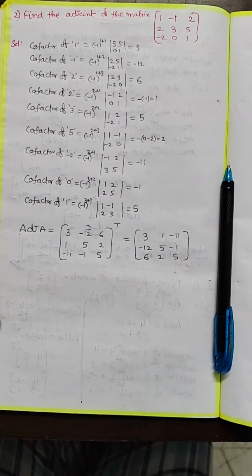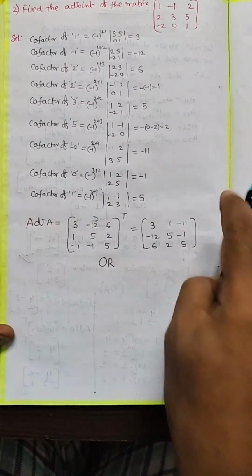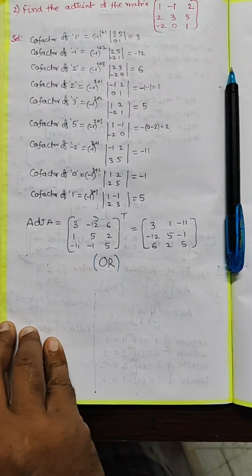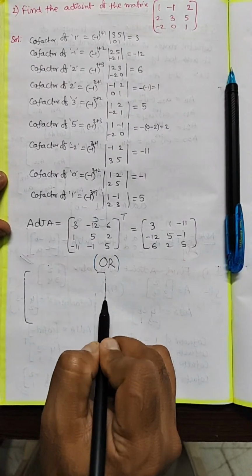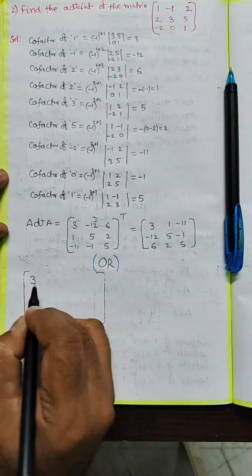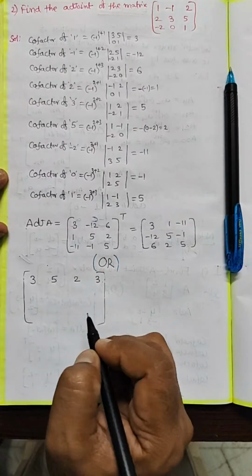Alternatively, what we have to do is, first you take one matrix. You start with 3, 3, 5, 2, again 3 you have to write it.